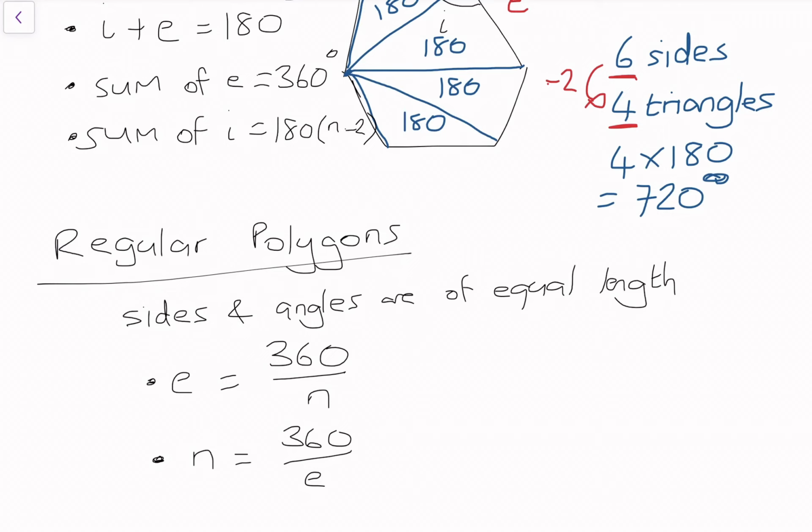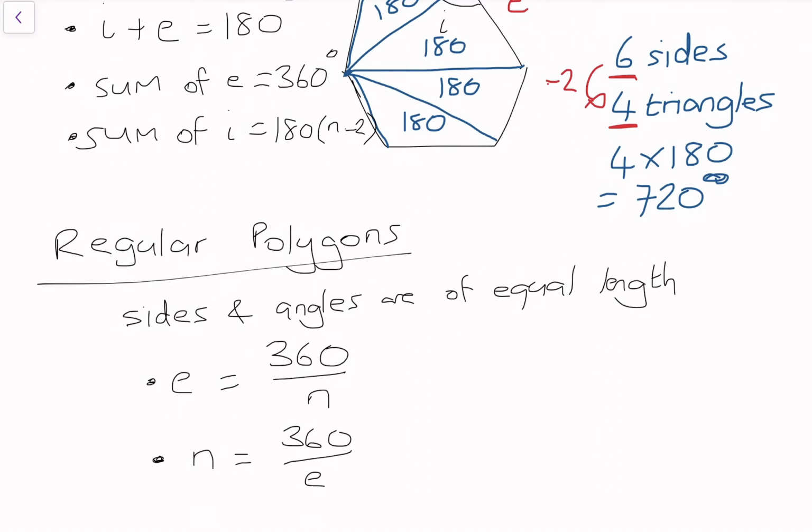But generally speaking, these two rules, that the exterior angle is 360 divided by n and the number of sides is 360 divided by e, if you use those two rules within a regular polygon combined with the rules about any polygon, you should be able to find almost any angle that you're asked for in a question.